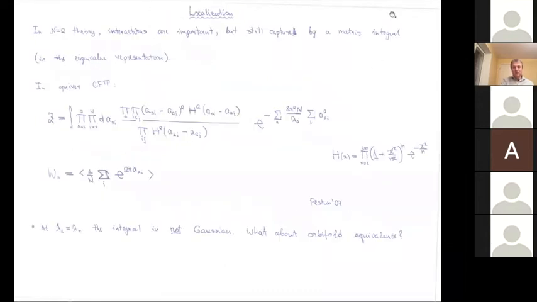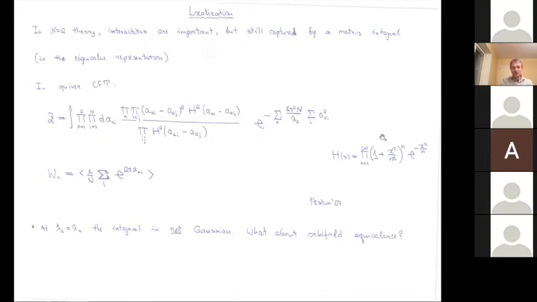Now, it turns out that this computation can be generalized to any N equals 2 theory. This is the remarkable result by Pestun, that if you consider an N equals 2 generalization of this result, it also works. So the problem remains zero-dimensional, but the matrix model becomes interacting.